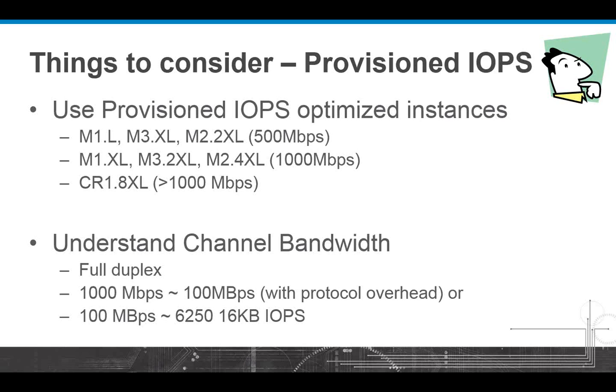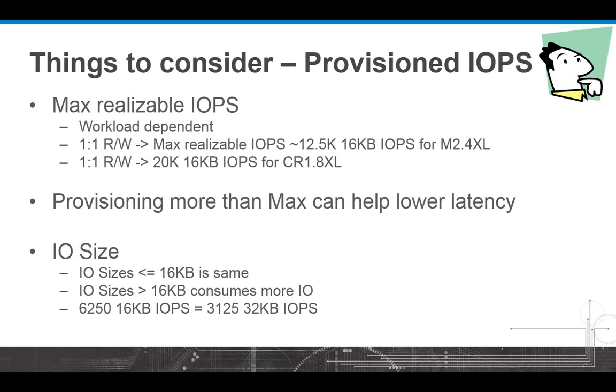This is what you can aim to achieve with a MySQL instance with 1 gigabit bandwidth available in terms of read workload, and you can expect the same in terms of write workload. And if you have an instance with an exact 50% split between reads and writes, you'll be able to achieve twice as much performance. So 6,250 goes to 12,500 IOPS.